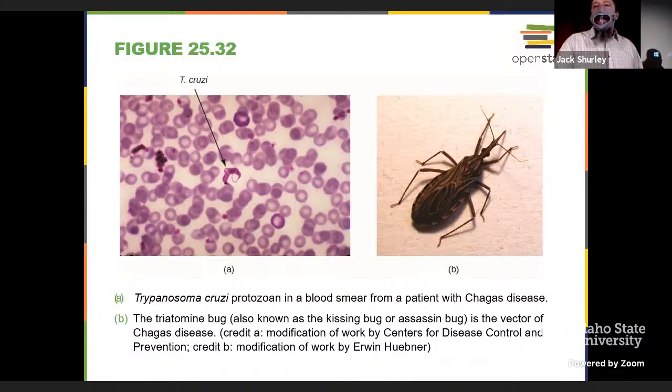And these little guys are attracted to carbon dioxide. They like it, they sense it, they sniff it out, and they want to move toward it. That means as you are sleeping, your face is right where they want to go, hence the name kissing bug, all right? So they crawl up onto your face, they take a blood meal by your mouth usually, all right?